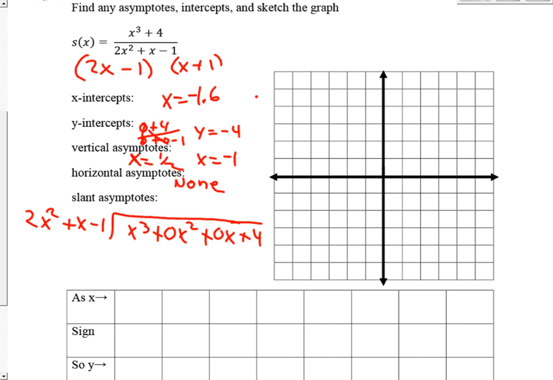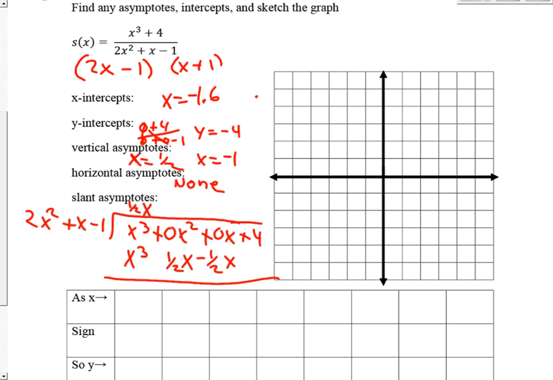So how do I get from 2x squared to x cubed? Well, I know I need an x. That will give me x cubed. But how do I get from 2 to 1? I need 1/2. So I put a 1/2 here. 1/2 x times 2x squared is x cubed. 1/2 x times x is 1/2 x squared. And 1/2 x times negative 1 is negative 1/2 x.